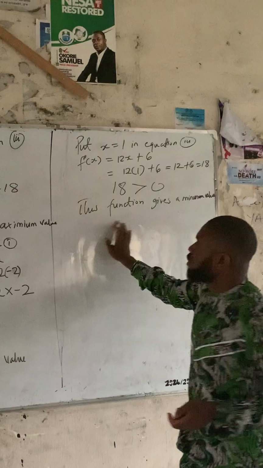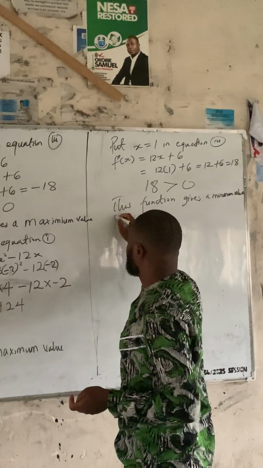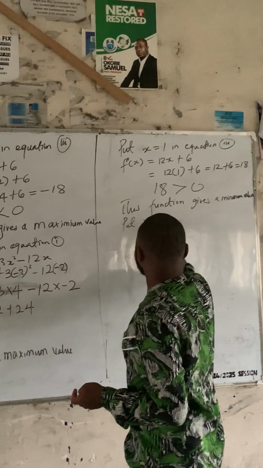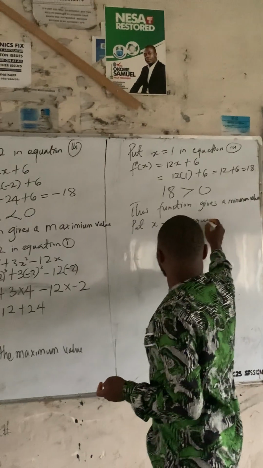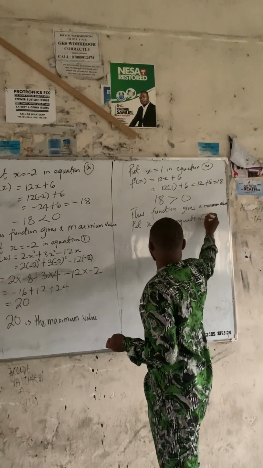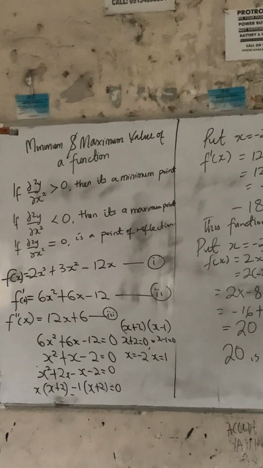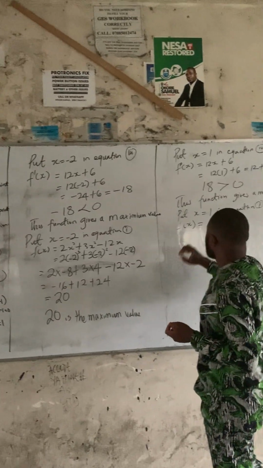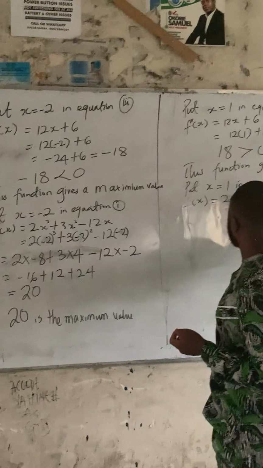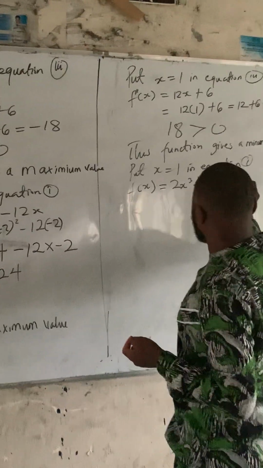To get the value, like I said, you put x equals 1 in equation 1. You have f of x equals 2x cubed plus 3x squared minus 12x.